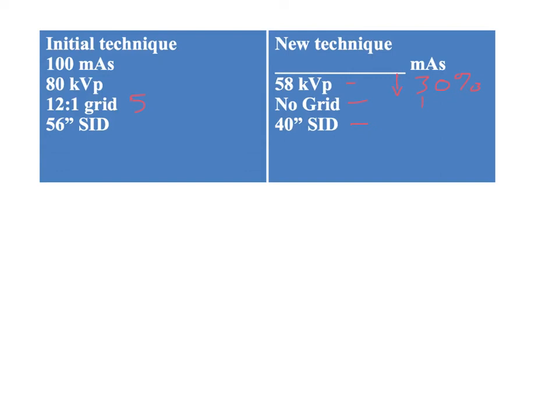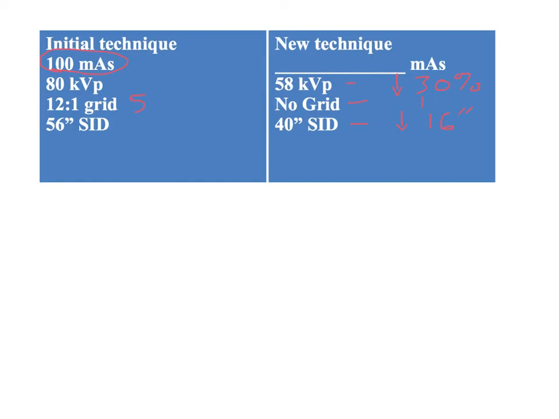So they decreased the SID by 16 inches. Okay. And yeah, the initial mass we already know was 100, right? So we're going to look at each one of these factors and just start calculating one by one what these factors would do to our mass, right?